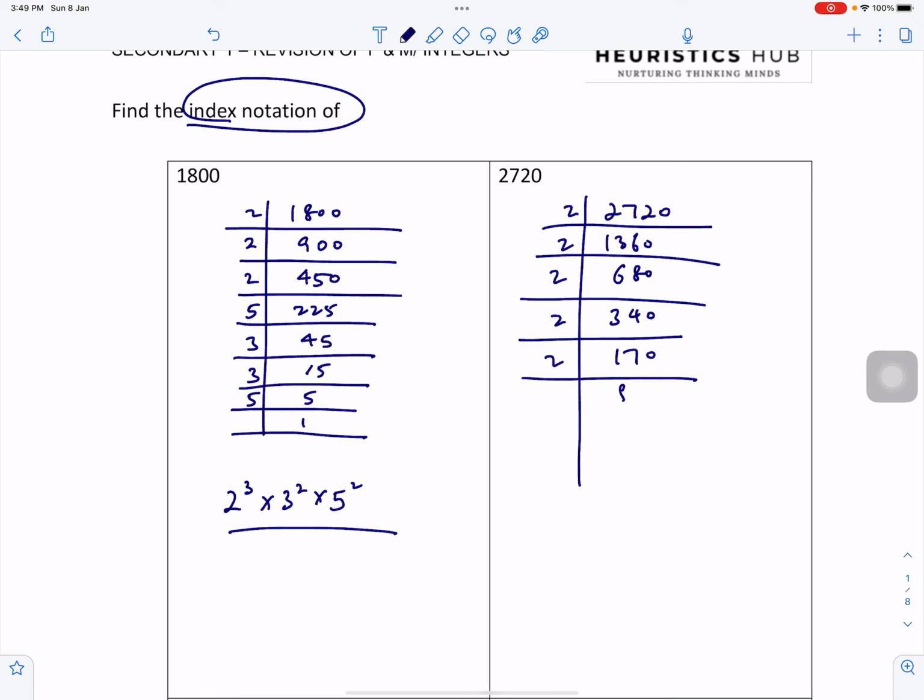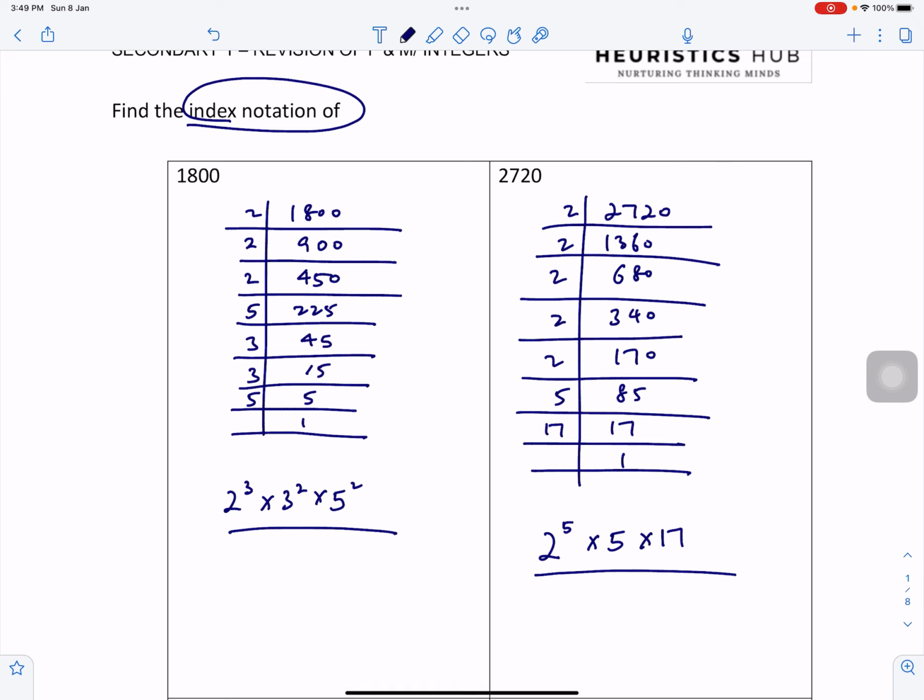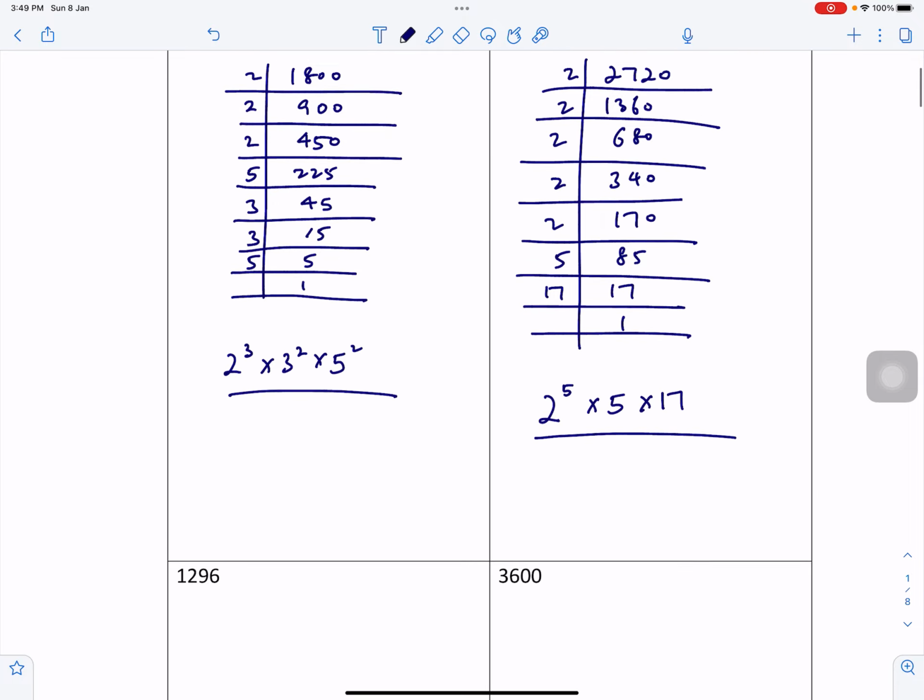There is quite a bit of 2 inside here. And divide by 5. That should give me 2 to the power of 5, multiplied by 5, multiplied by 17. So this is the index notation for 1008 and 2720. Let's move up.